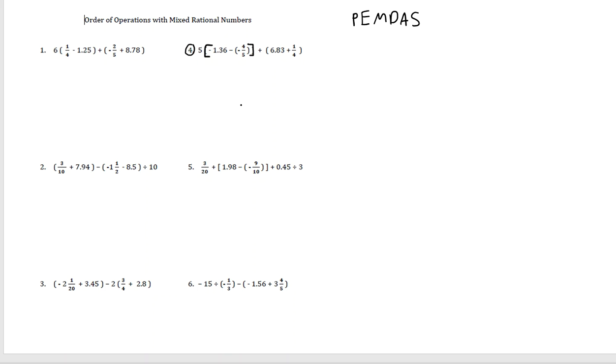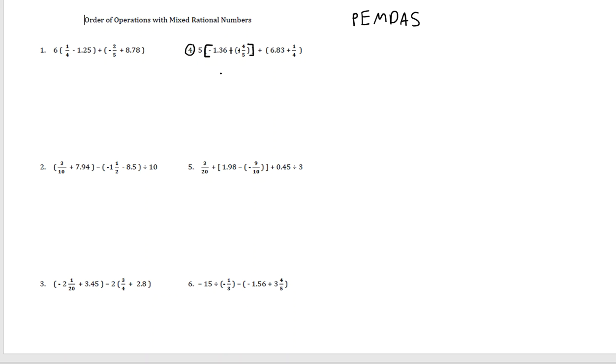Now, in order to do this, we want to change either the fractions to decimals or the decimals to fractions. In this case, I'm actually going to change the fractions to decimals. I think that seems a little bit easier here. So negative 1.36 subtract a negative 4/5. I'm going to first change this subtraction by doing same, change, change.